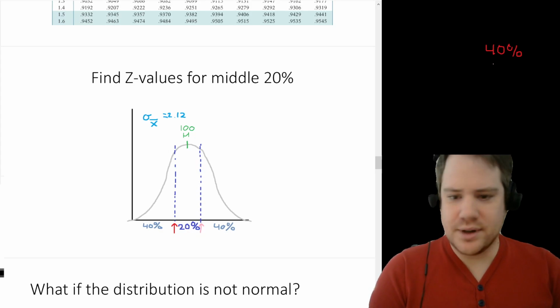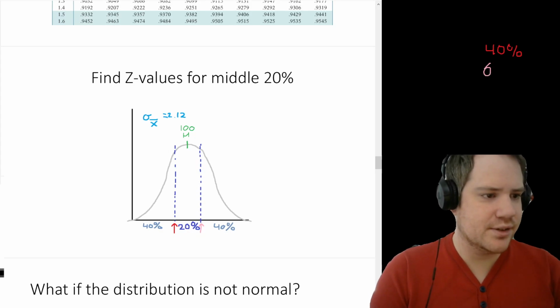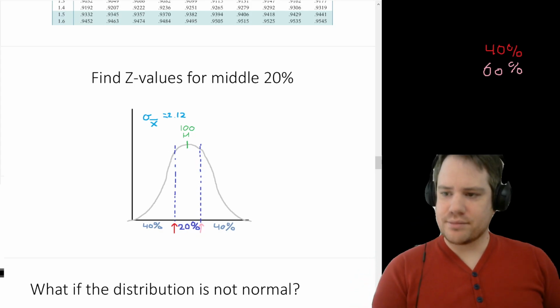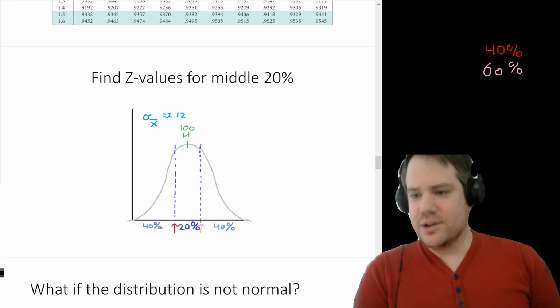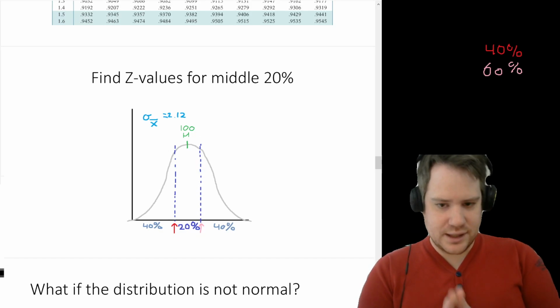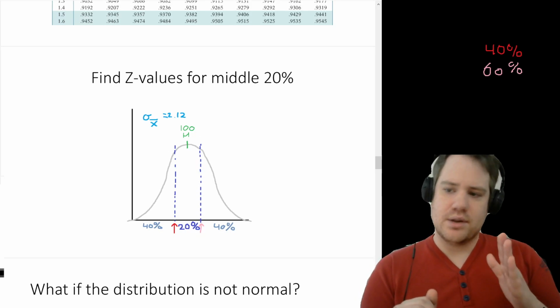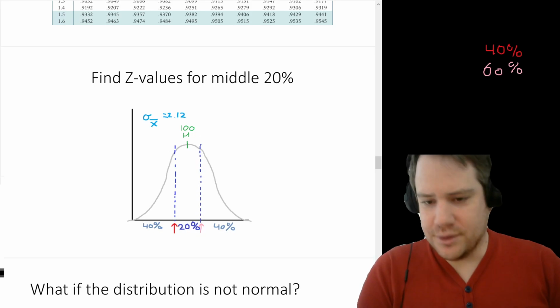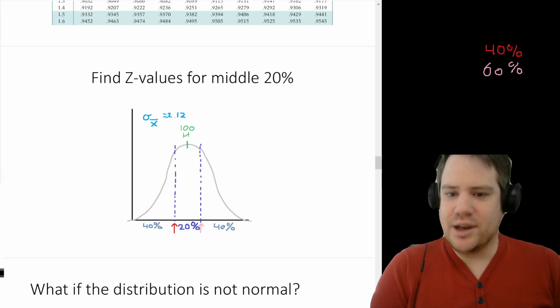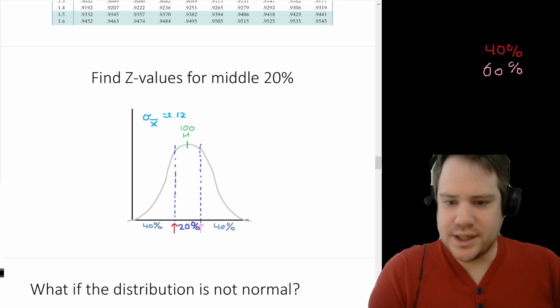And for the pink one, it's 60%. And this is what matters, because table A always gives us the probability of finding that particular z value or lower. So the only question we ask ourselves is, how much can we find below it? Well, for the red arrow, apparently there's 40% below it.